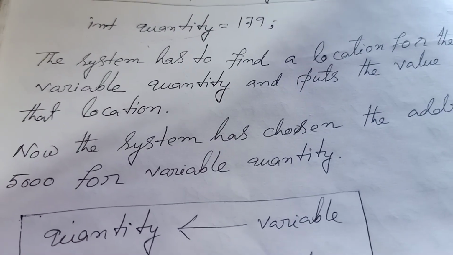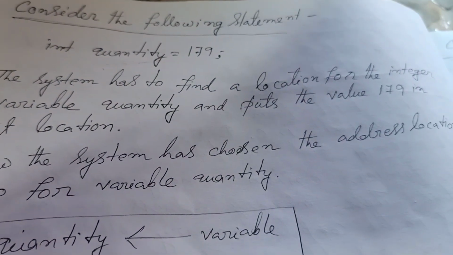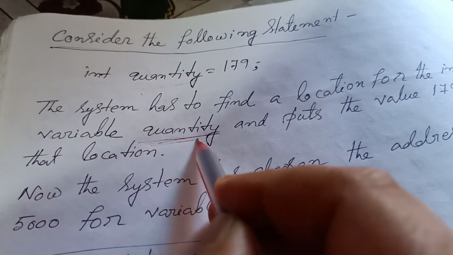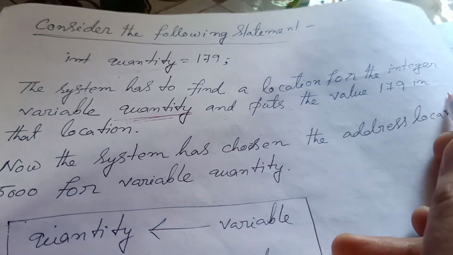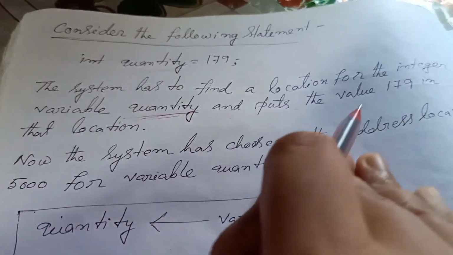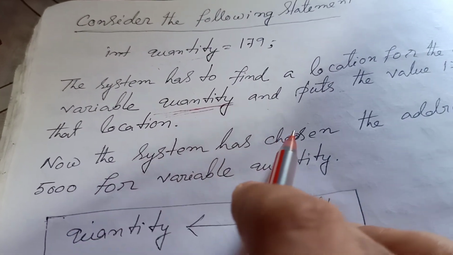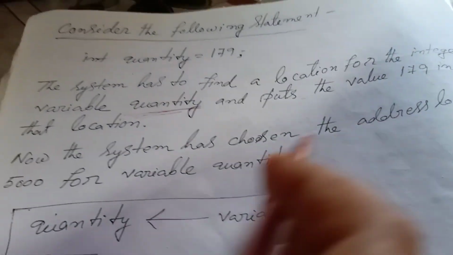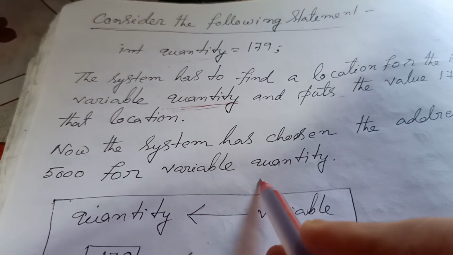So the system has to find a location for the integer variable quantity, and puts the value 179 in the location.